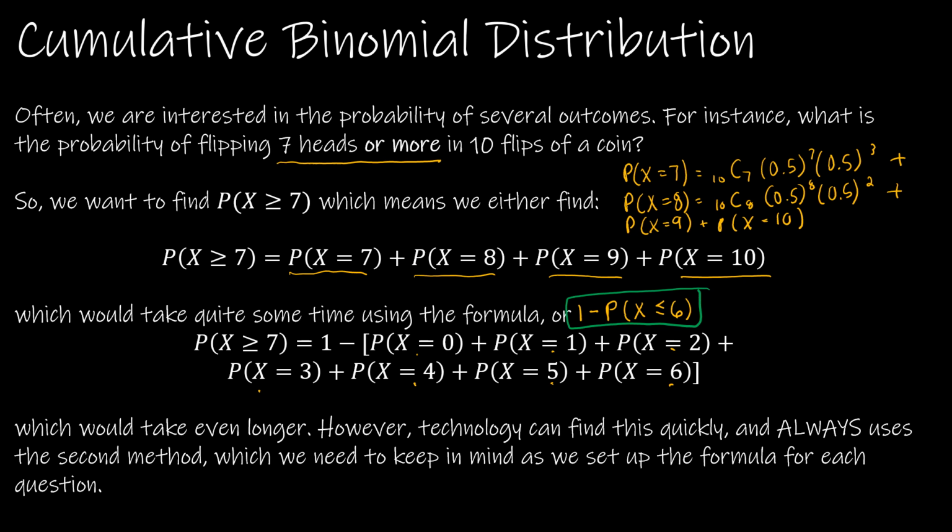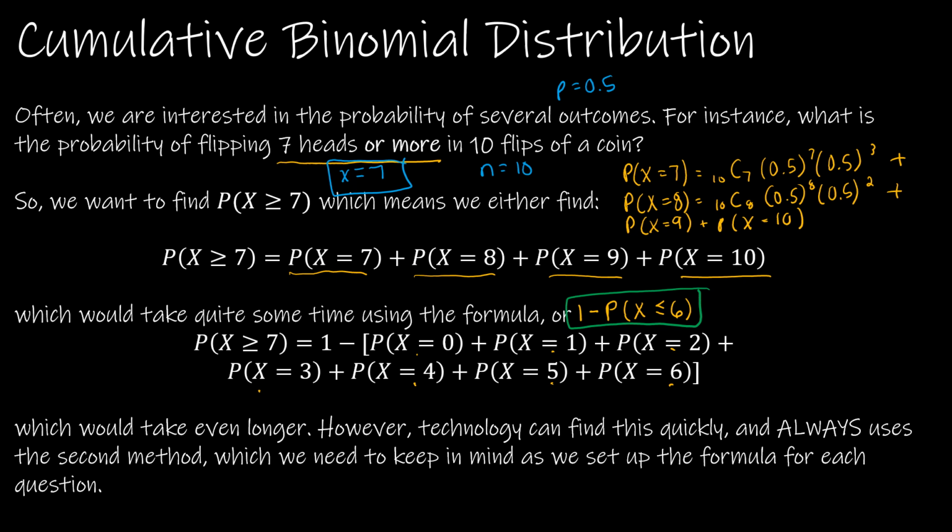So again, even though if I started going through this question, I would say x is 7, n is 10, p is 0.5, when I use Excel, I am not going to use x is 7. Here's why.